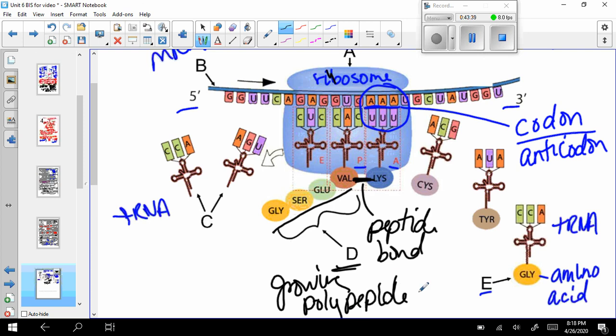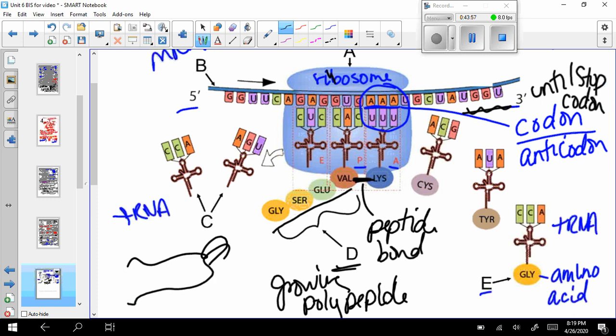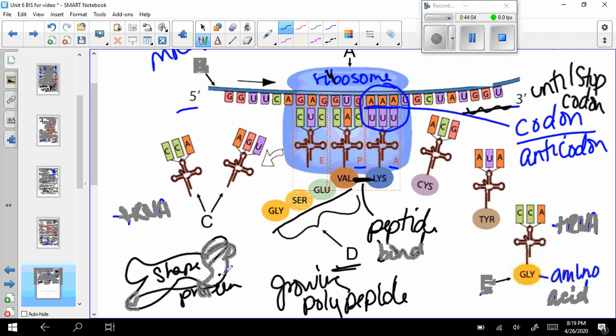This process is just going to keep continuing, moving, boom, boom, boom, until you hit a stop codon. And when you hit a stop codon, there's going to be a release factor, and it's going to let go. Then this growing polypeptide can fold over and make a unique shape. And that is going to be the protein that I built.